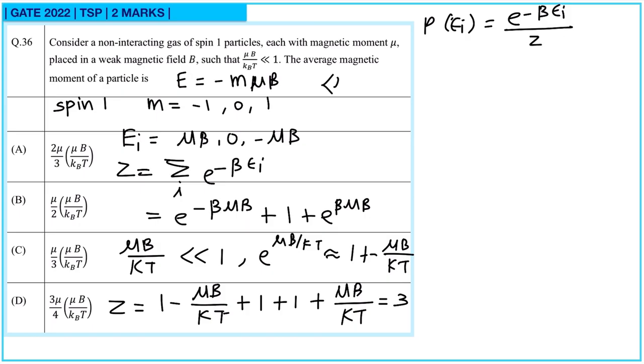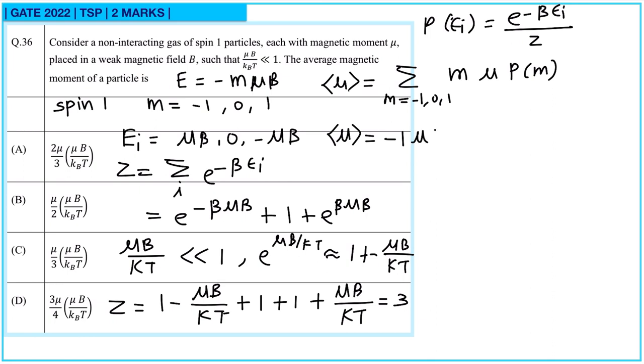Now average magnetic moment is equal to summation over these values of m, which can be minus 1, 0 or 1, m into μ into its probability. So this will be equal to, first let us consider minus 1. So minus 1 into μ into e raised to, if it is minus 1 then energy will be μB.